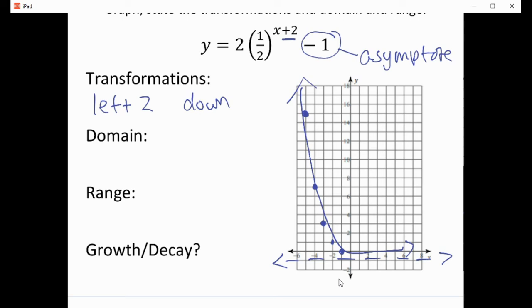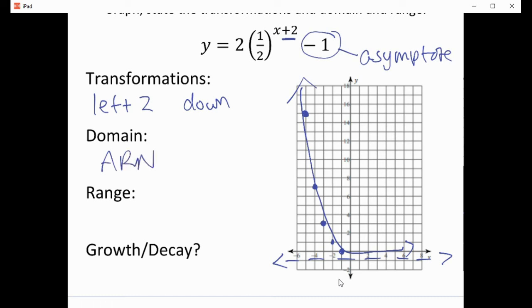As far as domain and range goes, domain is still how far left to how far right. So the furthest left it goes is forever, and the furthest right it goes is forever. So since it has arrows on both sides, my domain is going to be all real numbers.